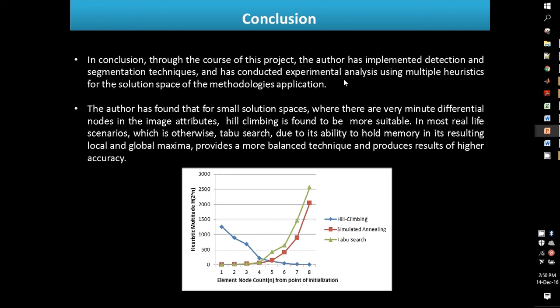As we increase the elemental node count from point of initialization, we see that simulated annealing and taboo search take off because now they provide much more efficient vast resources within the same time frame used for all three heuristics. Taboo search minutely beats out simulated annealing at these points as well because of its ability to maintain and store both the local and global maxima.